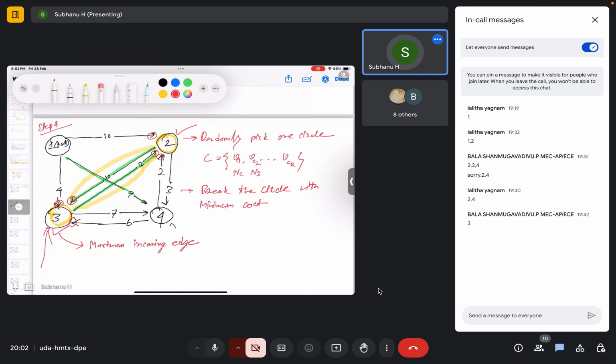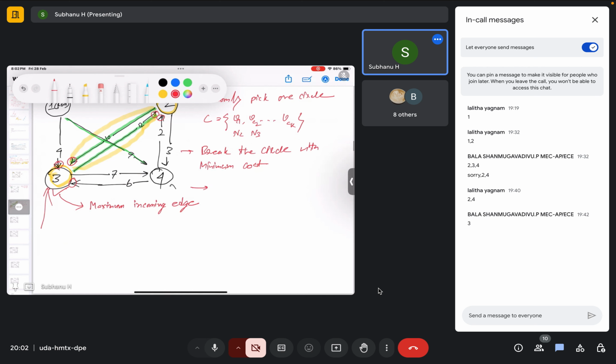Now to achieve this, we first build a new graph G dash. In this G dash, we will treat the circle as a new node VC.